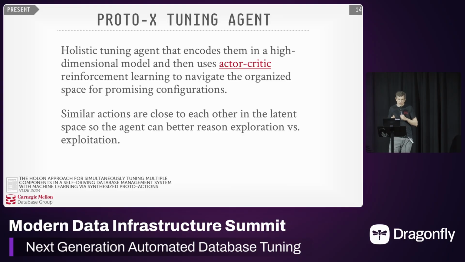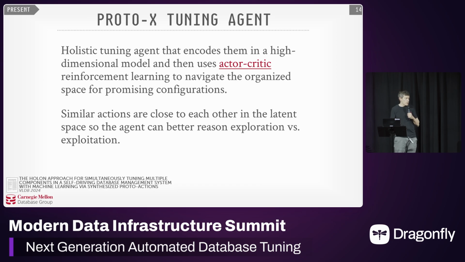I'm not going to go into the details of the algorithm that we developed last year, but the paper is public, and we're happy to talk about it afterwards. It's basically a reinforcement learning algorithm that uses ideas from LLMs to represent a configuration of a database system, which normally would be in a high-dimensional space, as a smaller embedding, a smaller vector, and that allows us to identify the similarity we could see from these different choices.